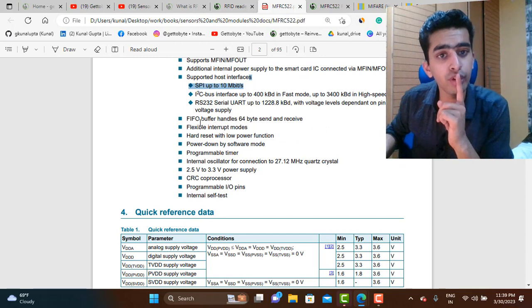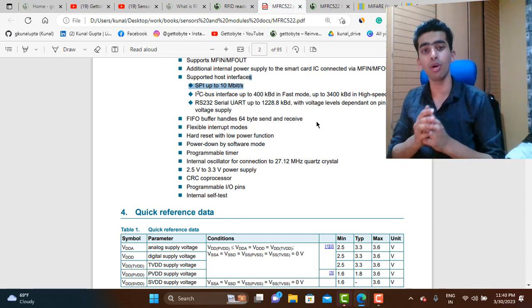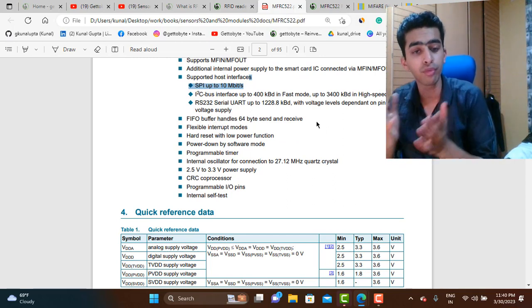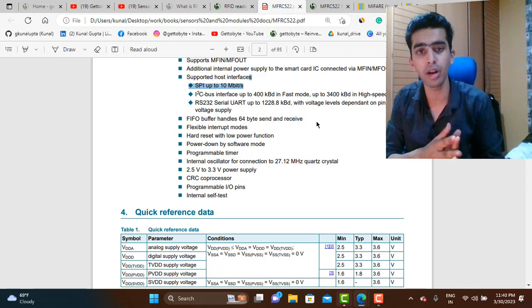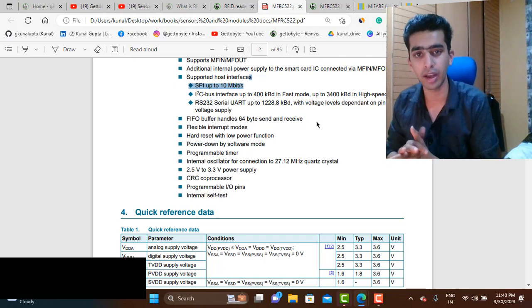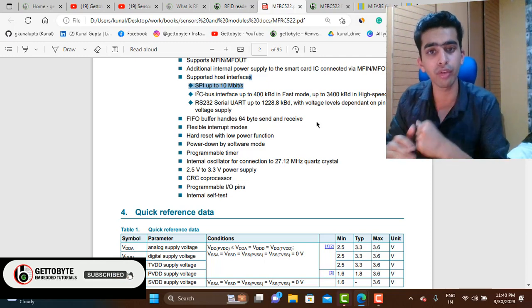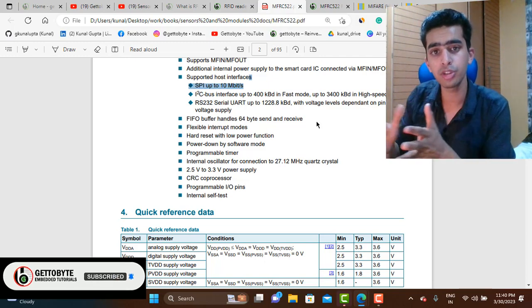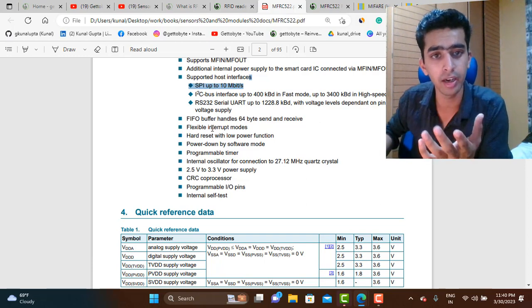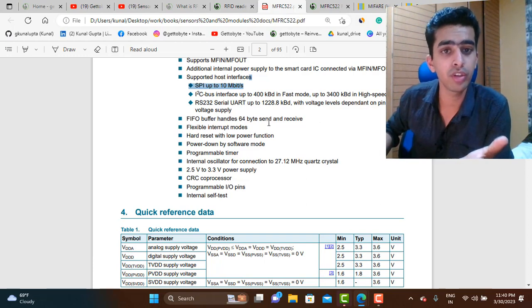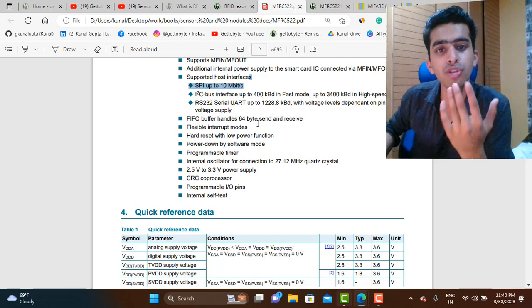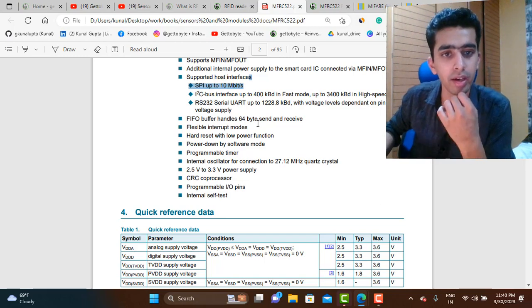It also has a FIFO buffer for handling the data transmitted from the RFID reader to the RFID tag, or the data we get from the RFID tag to the RFID reader. All that transmission and receiving is handled by the FIFO buffer, which can handle about 64 bytes of data at a time.